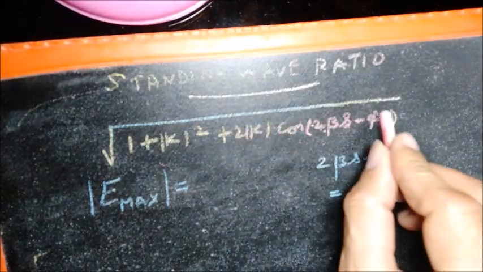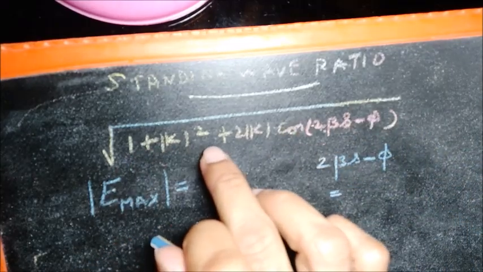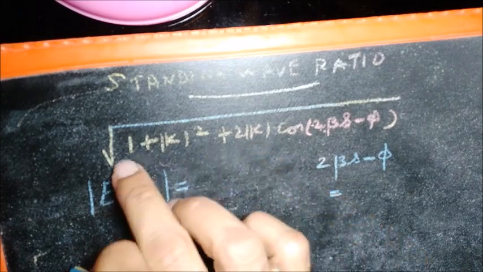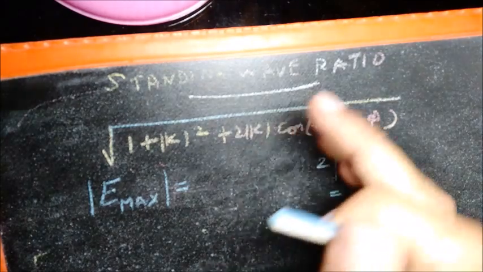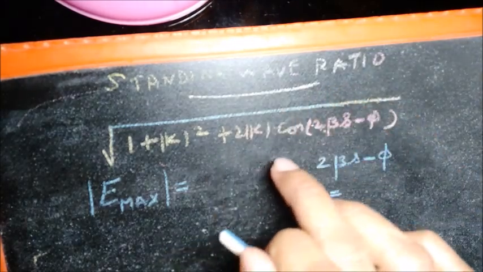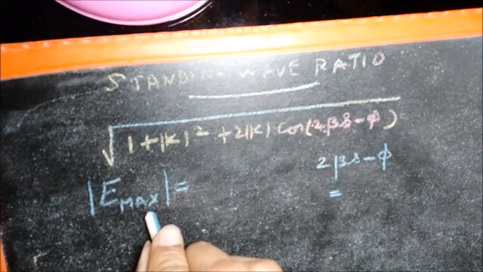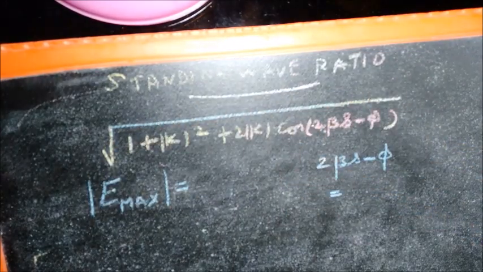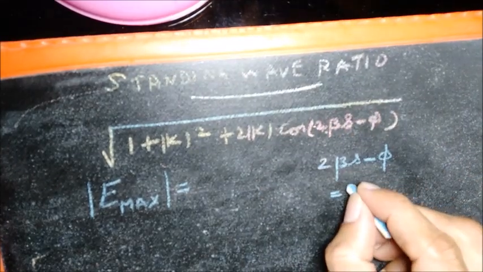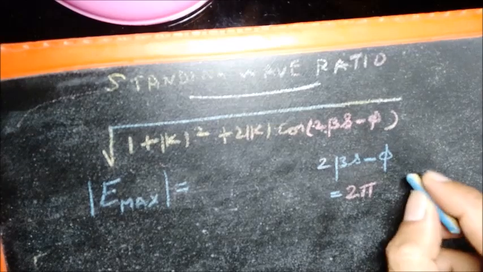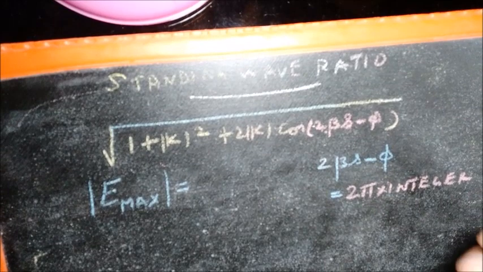Whereas if 2 beta s minus phi is such that this is minus 1, you will get 1 plus k square minus 2k, magnitude k of course, under root, which will give you 1 minus magnitude k. When this is 1, you get 1 plus magnitude k, and when this is minus 1, you will get 1 minus magnitude k. So the Emax, the maximum value of this amplitude, is when 2 beta s minus phi is such that cos becomes 1, and that is very well known to be 2 pi into an integer.